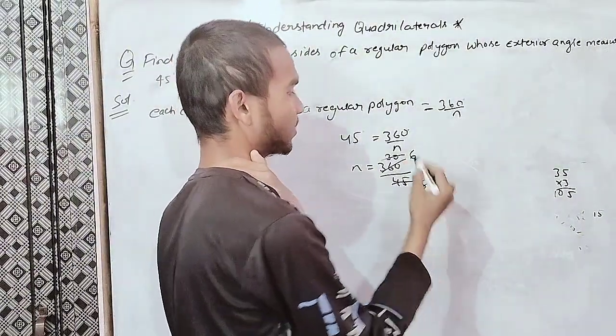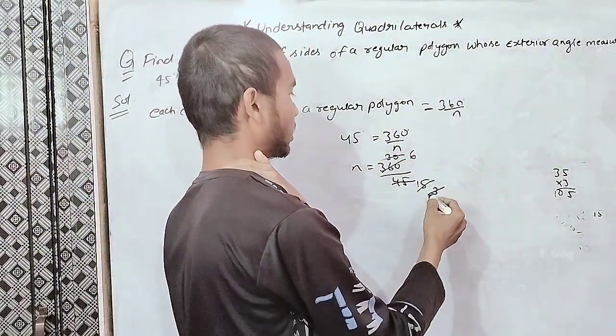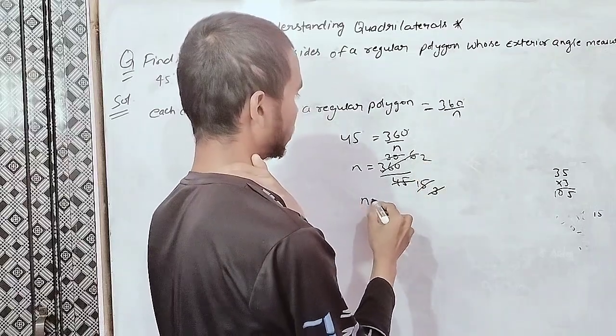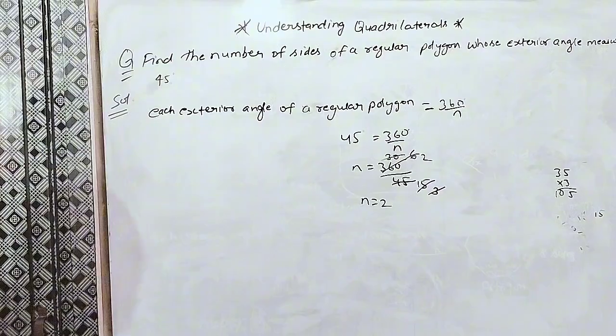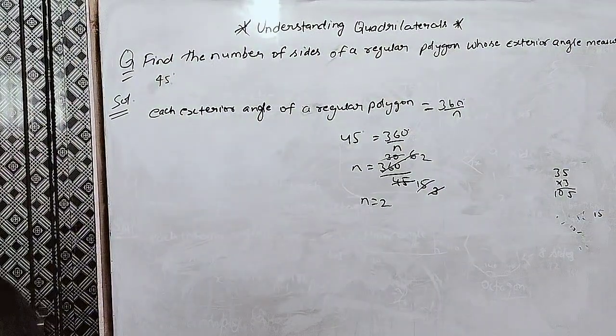We have only two sides. How is that possible? Is that the correct answer?